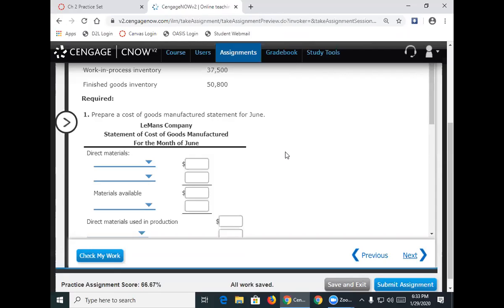So we need to calculate the total cost of goods available for sale. So we add those two together. 916,200. And subtract out the ending balance. So my cost of goods sold is 865,400.